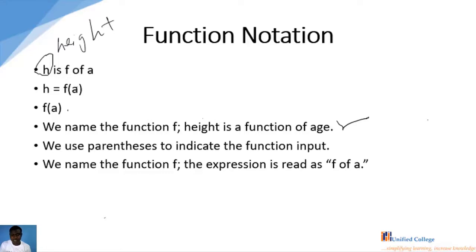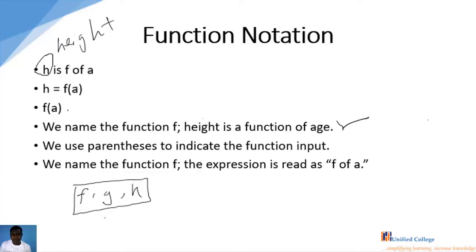Now the letter f here is used to represent the function. In other words, the rule now is not only f that you can use to represent functions. The letters f, g, and h are commonly used to represent functions, just as we use x, y, and z to represent numbers, and a, b, and c to represent sets.